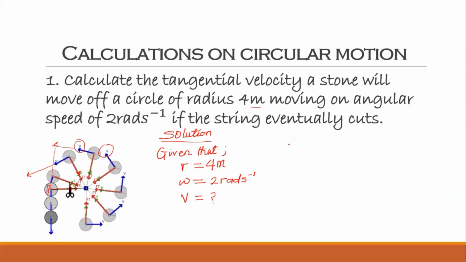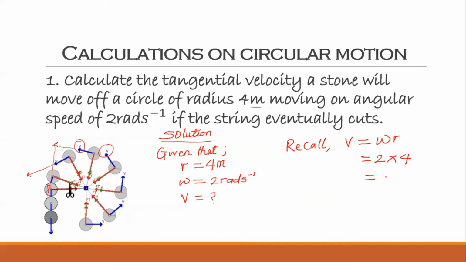So recall that we have v is equal to omega r. So the next thing is for me to substitute the value of omega, which is 2, multiplied by the radius 4.